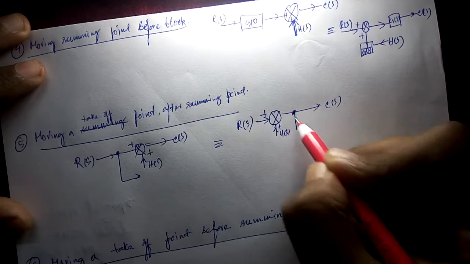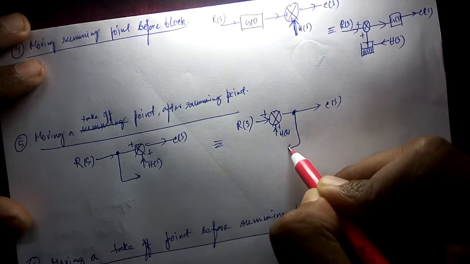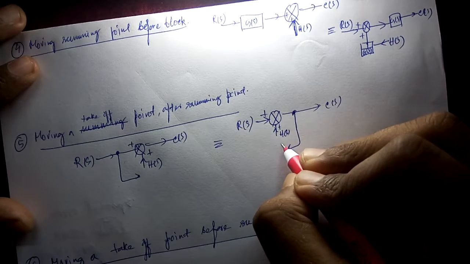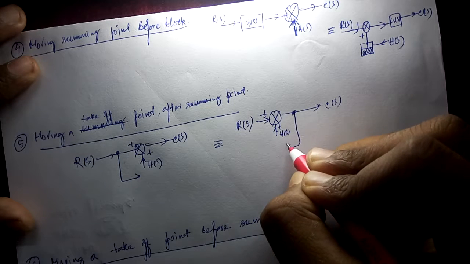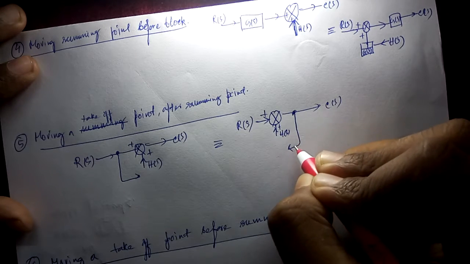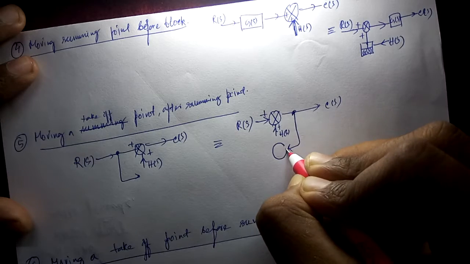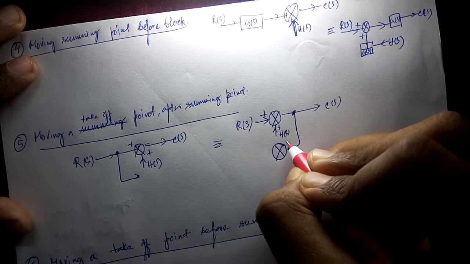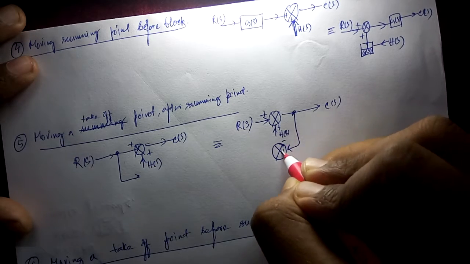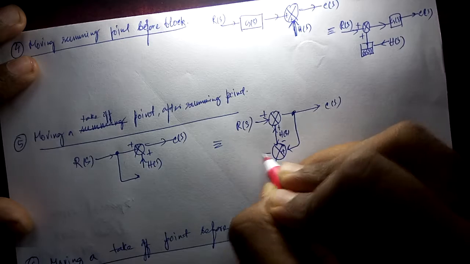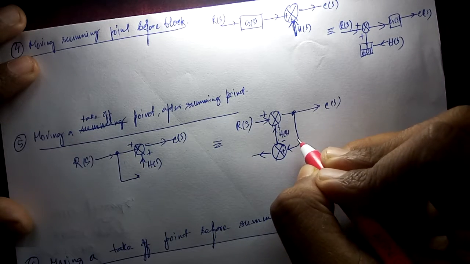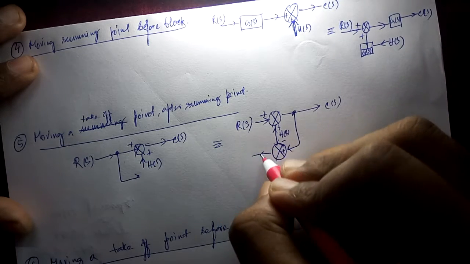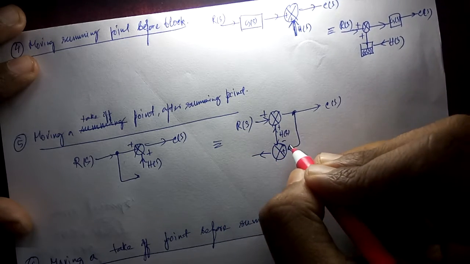Meaning to get the same RS output from this path, we have to subtract the HS value from this path value. Meaning we have to add another adder where we'll make the subtraction operation here, and we'll subtract HS from this path value, then we'll get the RS value as previous.